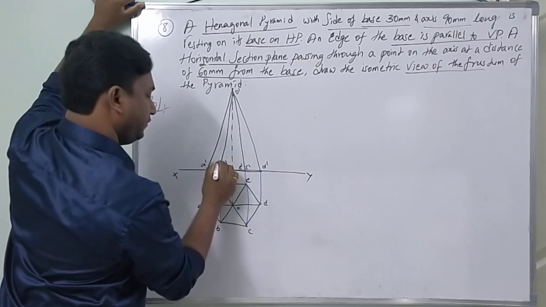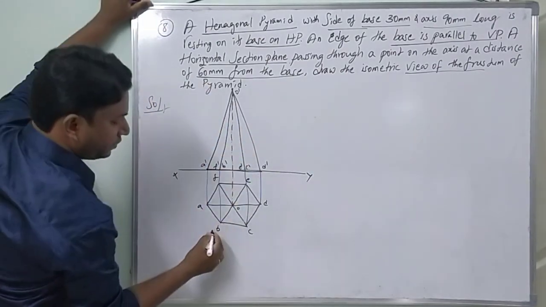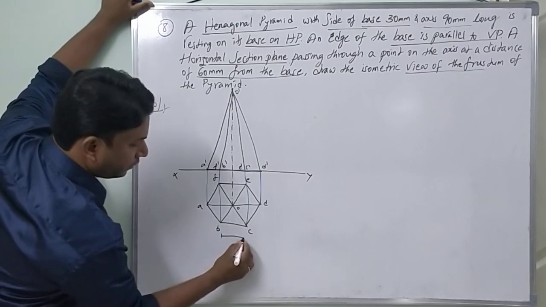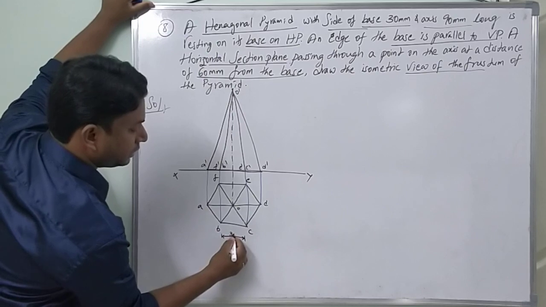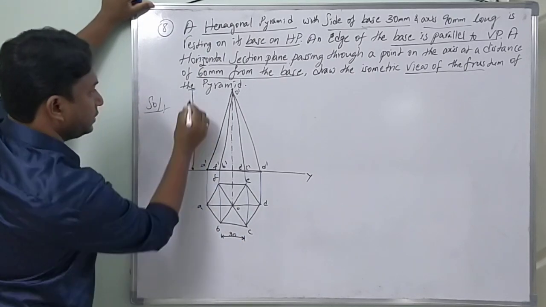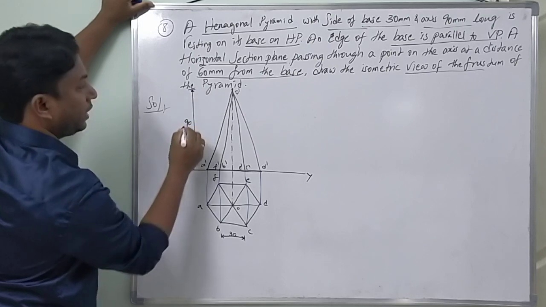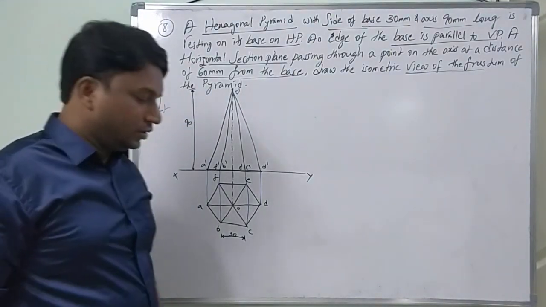E dash, F dash won't be visible towards outside. This is the projection of the solid which we have drawn. The dimension of each side of the hexagon is 30, and the axis height is 90. Up to now we have done the projections of the solid.